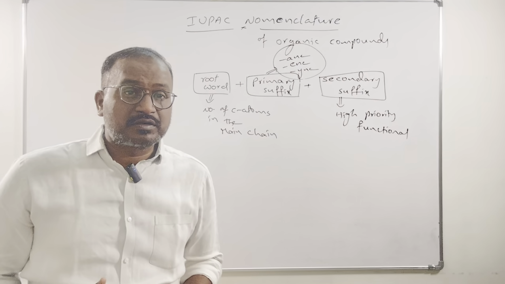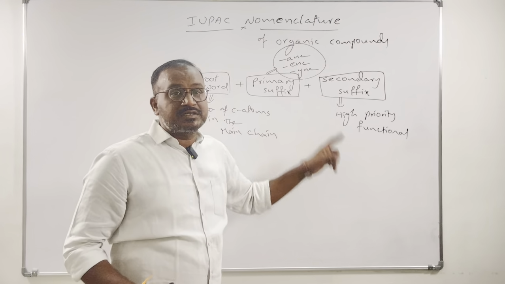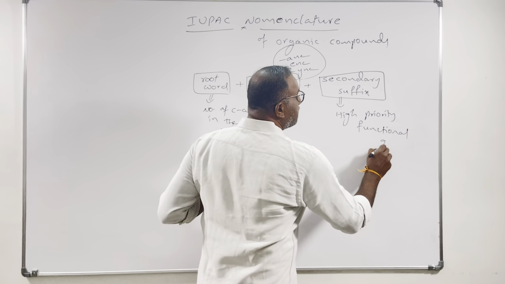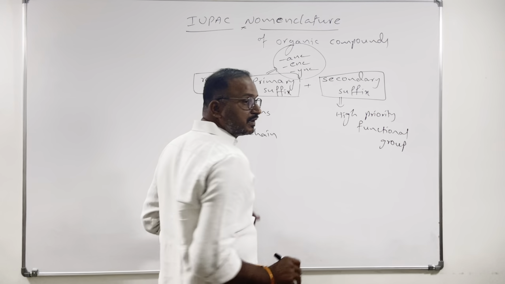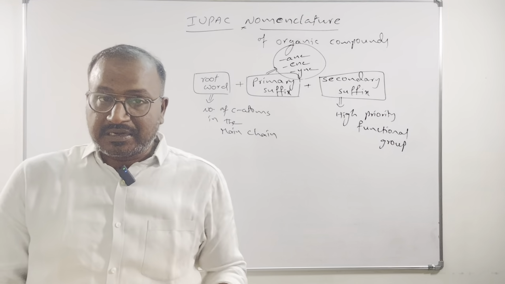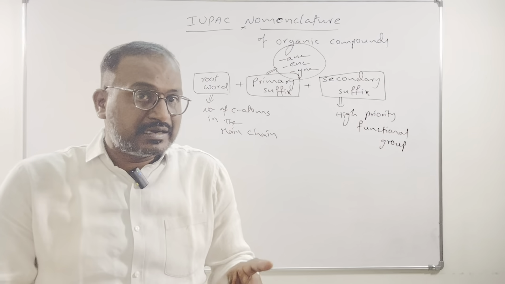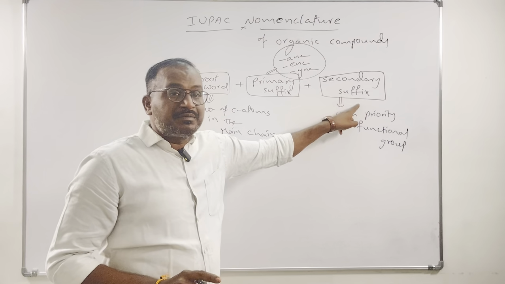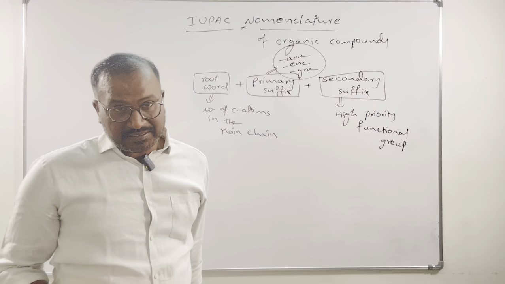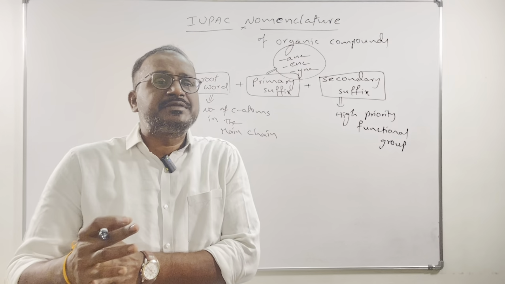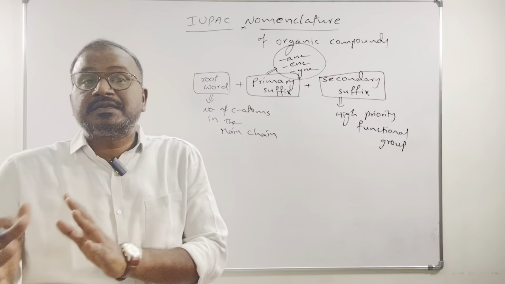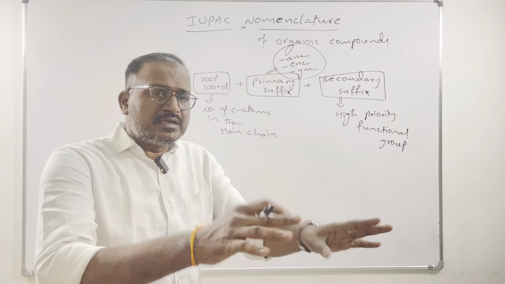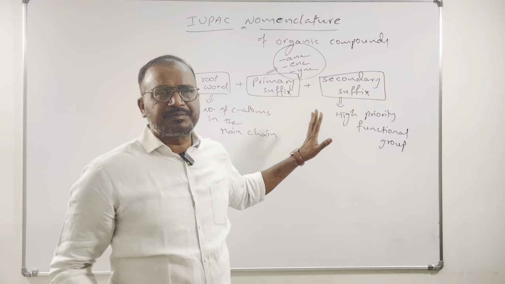If more than one functional group is there, the functional group which has the high priority should become the secondary suffix, and the remaining functional groups come under secondary prefix. We should not consider them as suffix. If only one functional group is there, there is no high or low, that is the secondary suffix.